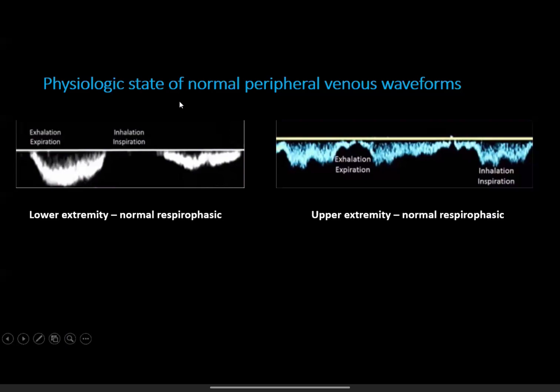Now, physiological variations are there in certain physiological states in the peripheral venous waveforms. In the lower extremity, we can see normal respirophasicity with exhalation and inhalation. In inhalation or inspiration, there is increased abdominal pressure, there is no flow because of the increased intra-abdominal pressure, and then in expiration, there is spontaneous flow. And in the upper extremity, we can also see slight respiratory phasicity, particularly in the proximal vessels.